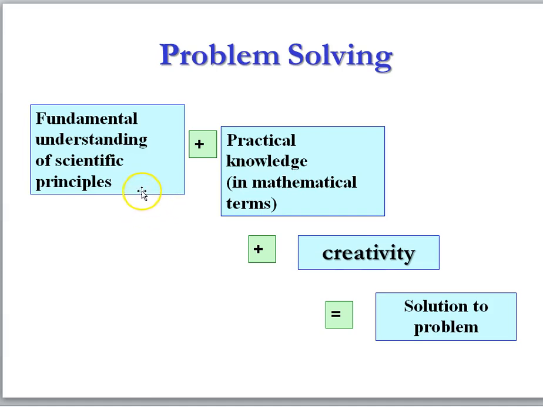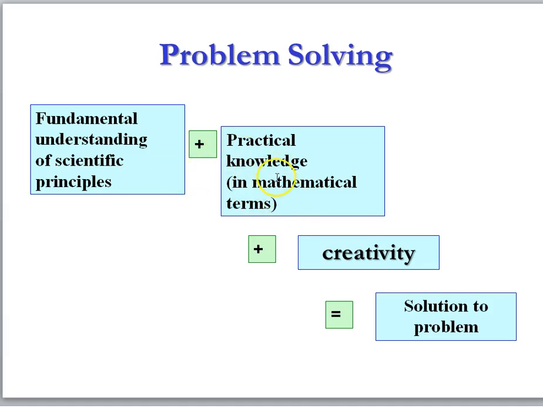A huge goal in this class is to improve our problem solving abilities. Basic problem solving, we need to have a fundamental understanding of the scientific principles. The scientific principles here are the principles of electricity and magnetism. We just need Newton's classical physics for electricity and magnetism to be able to work with linear circuit analysis. We take that and we have our practical knowledge in mathematical terms in this case.